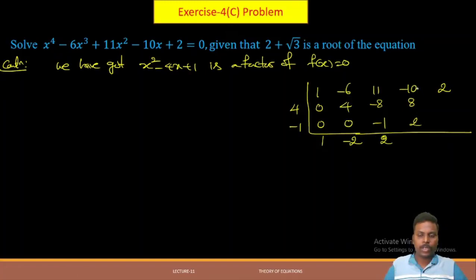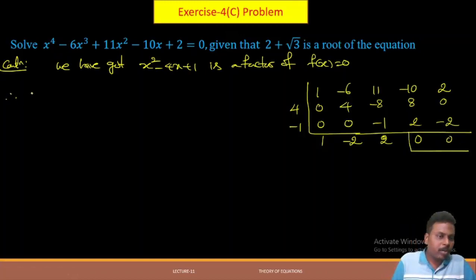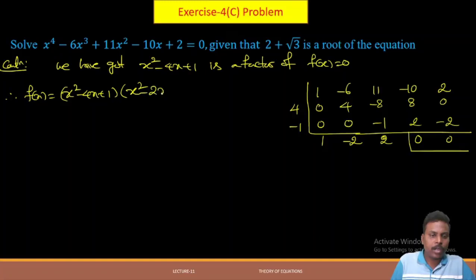So 8 plus 2 is 10, 10 minus 10 is 0 and this is anyway 0 and minus 1 into 2 is minus 2 and this becomes 0. Therefore this f of x can be written as x square minus 4x plus 1 into x square minus 2x plus 2.